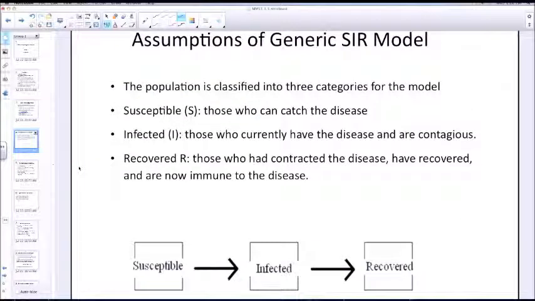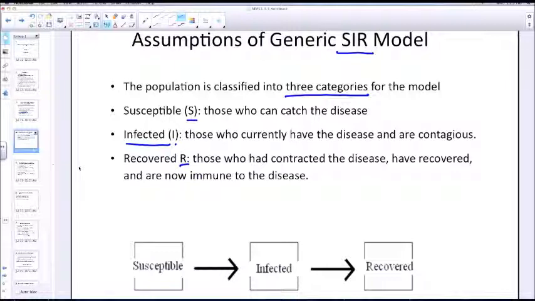So let's look at the basic SIR model. What the S stands for is susceptible. Basically, we divide the population into 3 categories. S for susceptible, I for the infected, those people who have the disease and are contagious.